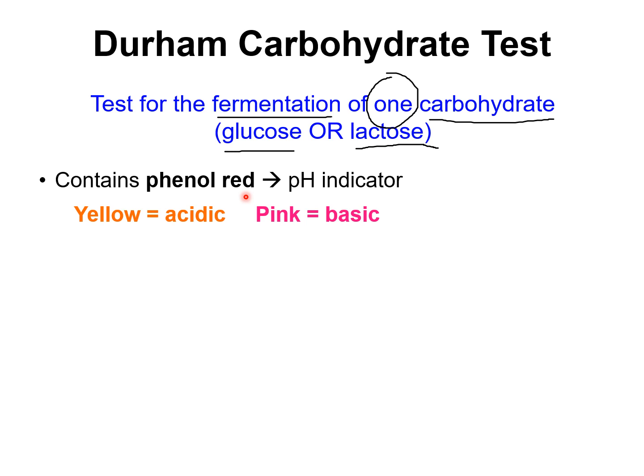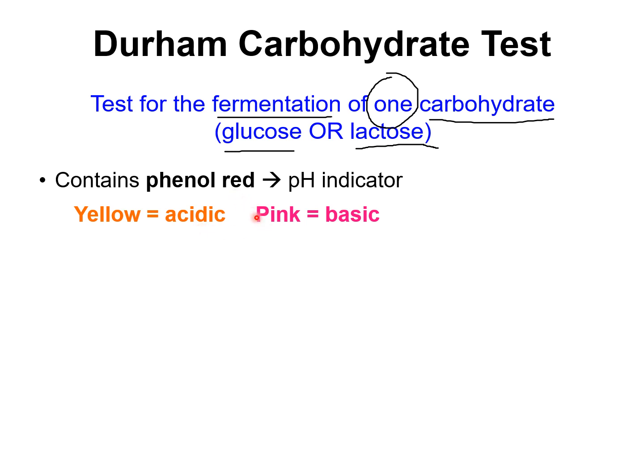Now, phenol red is a pH indicator. What does that mean? It means that based on whether your broth is acidic, basic, or neutral, that phenol red is going to change color. And so based on what color we see, we can tell whether our broth is now acidic, basic, or neutral. If the phenol red turns yellow, that would tell us that the broth is now acidic.